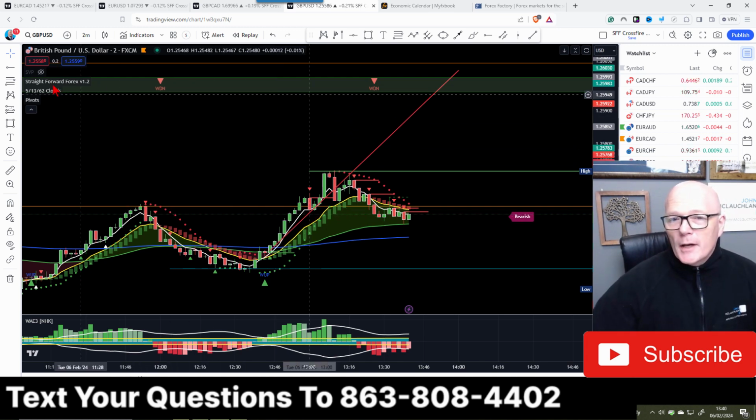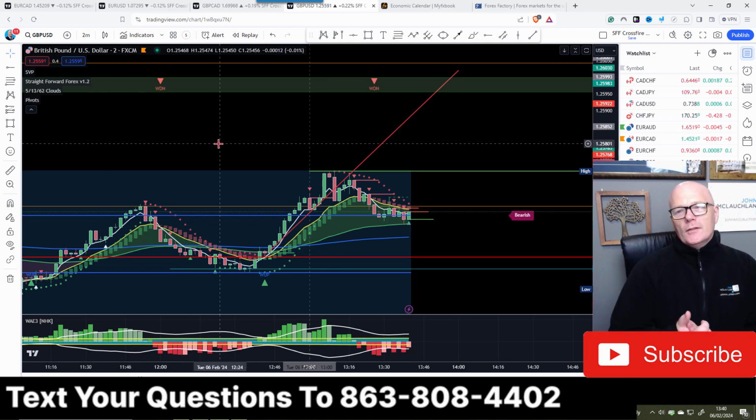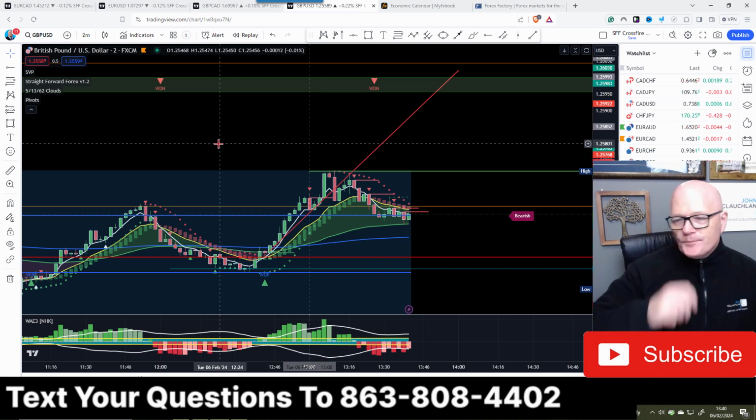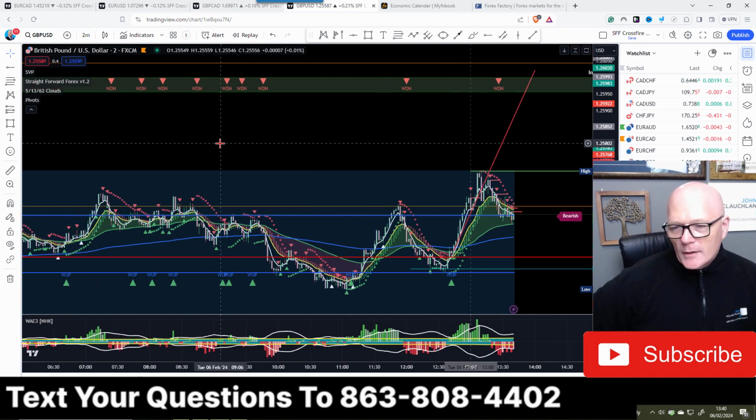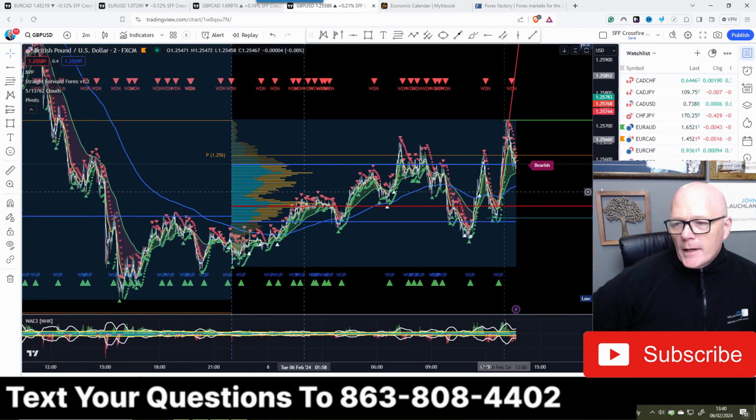One of those things right now could be something like the SVP, the volume profile. Let me just show you this. This is very similar to things like pivots. The volume profile gives you areas of where the most trading volume happened during that particular trading day.